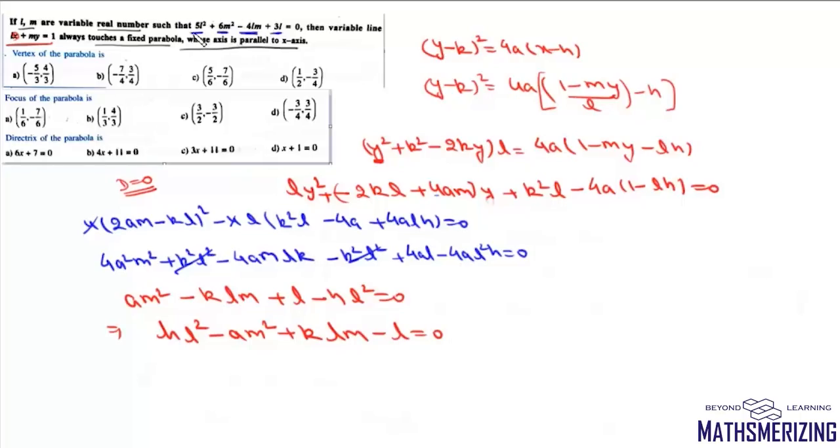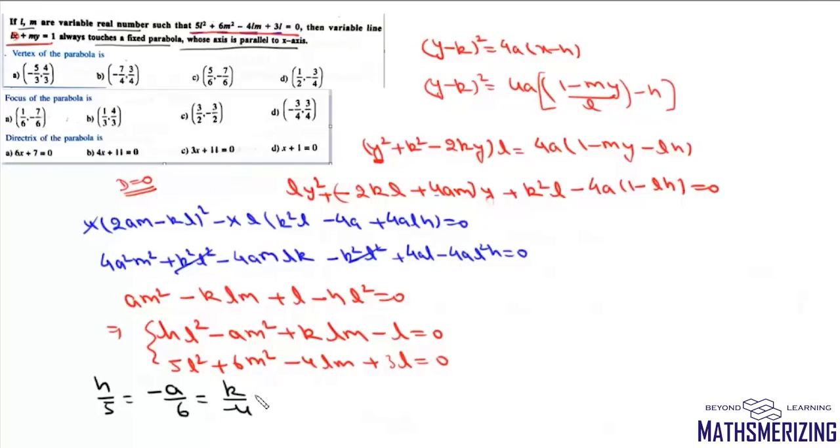Now the condition given to us is 5L square plus 6m square minus 4Lm plus 3L equals 0. So these two equations are coincident. So that means we can write h upon 5, and this is minus a upon 6, k upon minus 4, and this is minus 1 by 3.